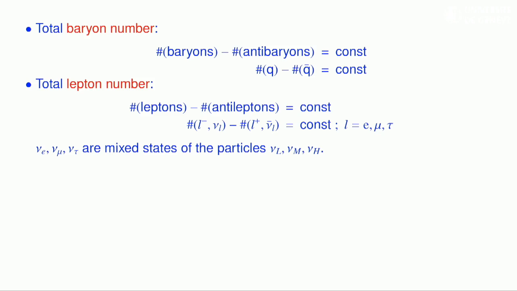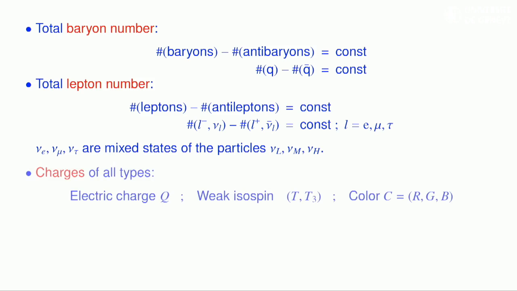To a certain extent, this is even true generation by generation, but the neutrinos which show up here, nu-e, nu-mu, and nu-tau, are mixtures of the three particles nu-L, nu-m, and nu-h, so there's some mixture between generations in weak interactions. But more important than that, the charges of all types are rigorously conserved as far as we know.